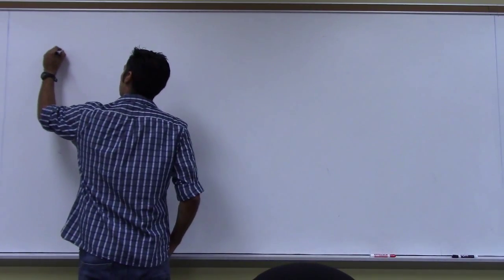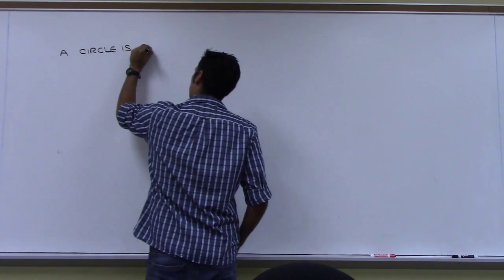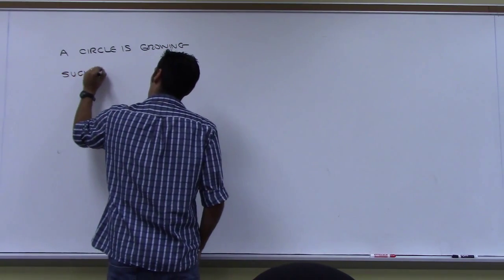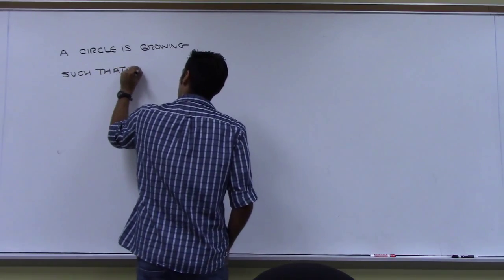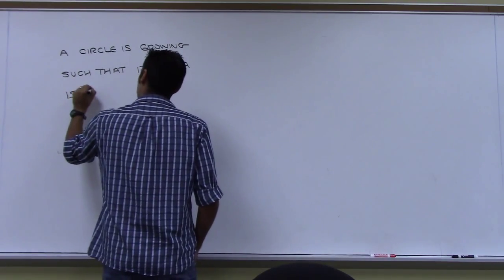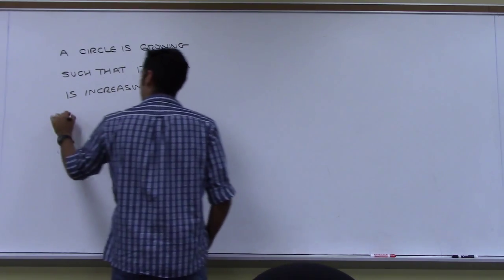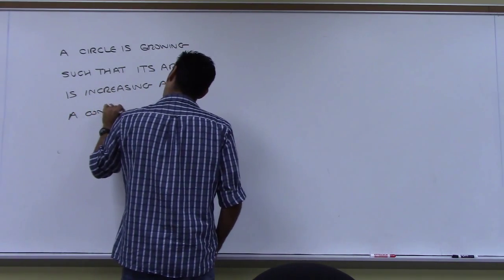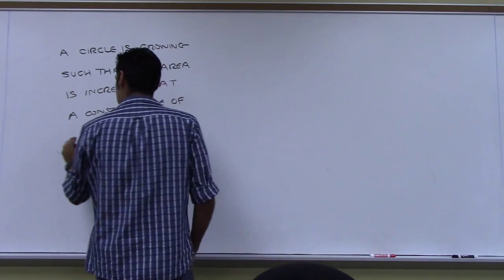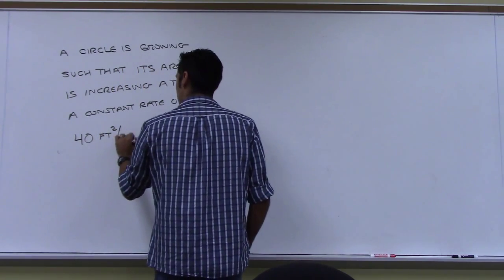Let's say a circle is growing such that its area is increasing at a constant rate of 40 square feet per second.